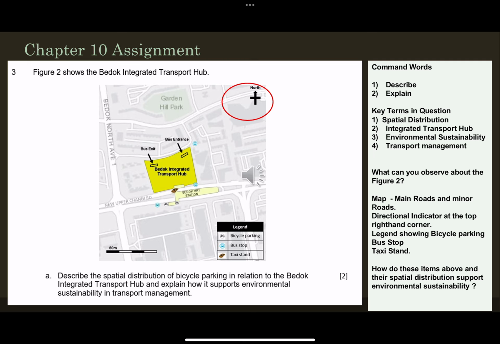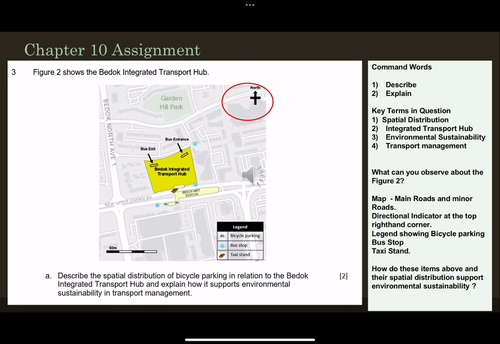To the south of the Bedok Integrated Transport Hub, you see the Bedok MRT station. So what is the transport mode that is facilitated by the Bedok MRT station? You could see from these two locations highlighted in the map, one serves the bus transfers, the bus services, and the other one serves the MRT services.